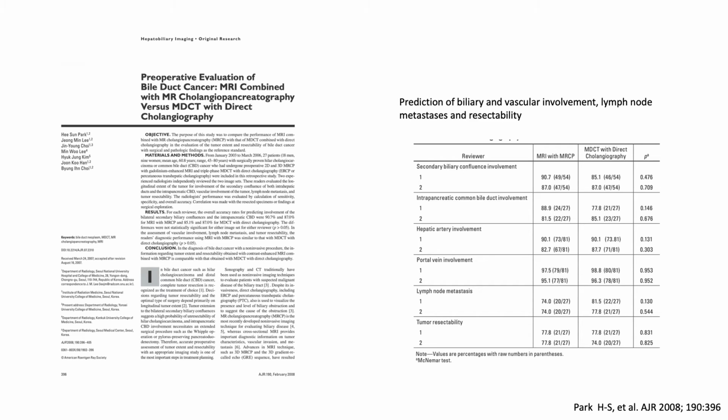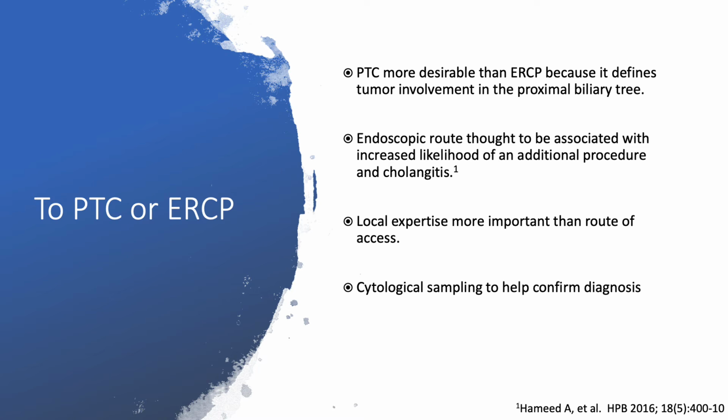Essentially, this study back in 2008 showed us that undertaking MRI with MRCP sequencing is comparable to undertaking CT with direct cholangiography by the PTC or ERCP, showing that invasive cholangiography is not really offering us much in the way of advantage over what we can achieve by non-invasive methods.